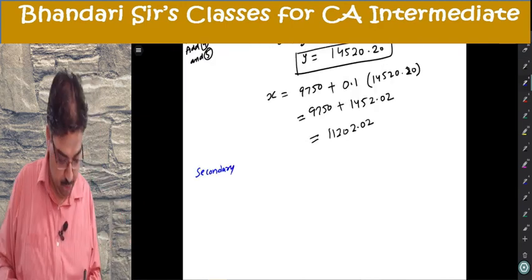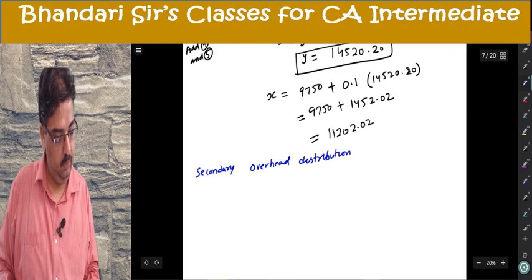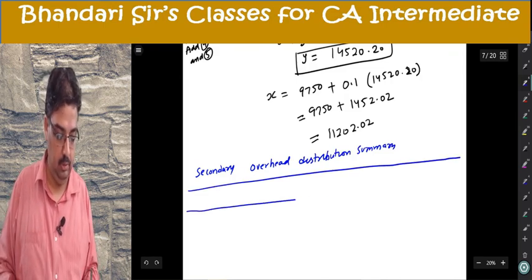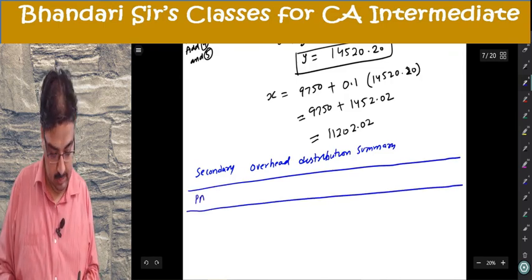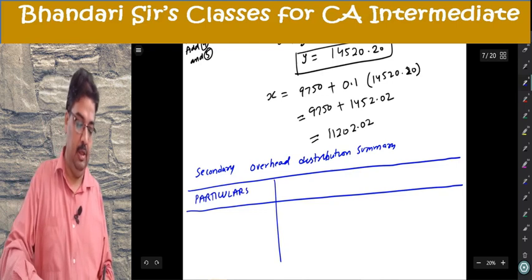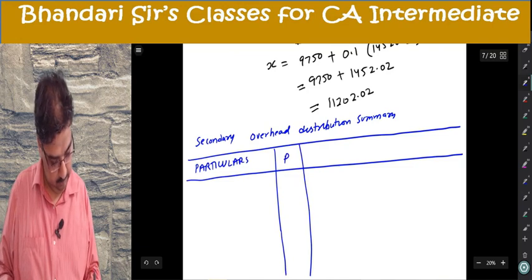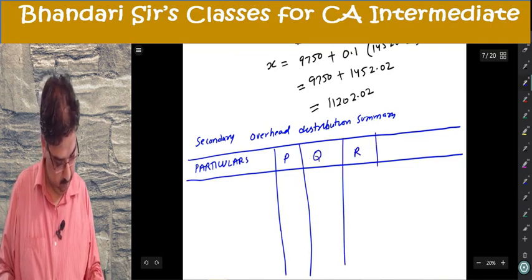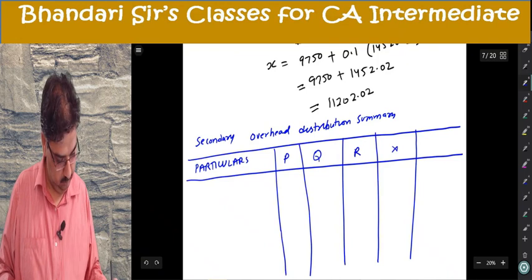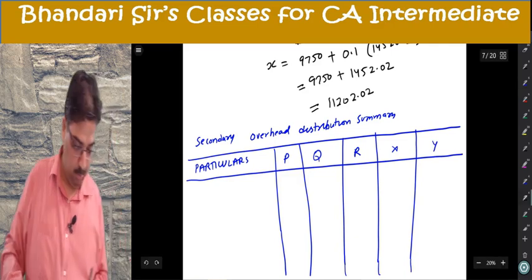Secondary overhead distribution summary. Not that many columns, fewer columns will work. One is particulars, then P, Q, R, X, Y. So the first item is totals as per primary summary.